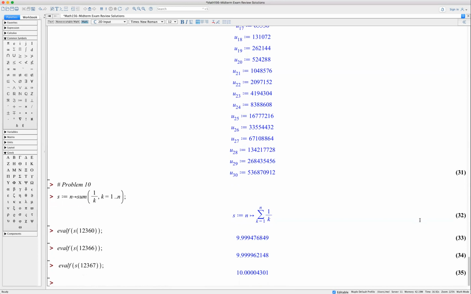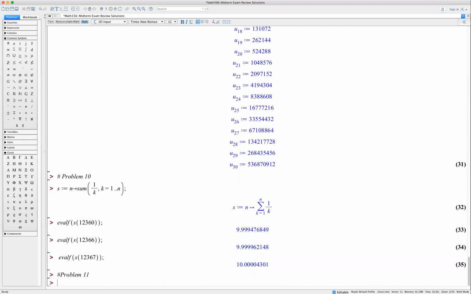Now, you just have to play with the computer to figure out what to do. So this is the last problem, Problem 11. Count the number of primes of the form n squared plus 7.